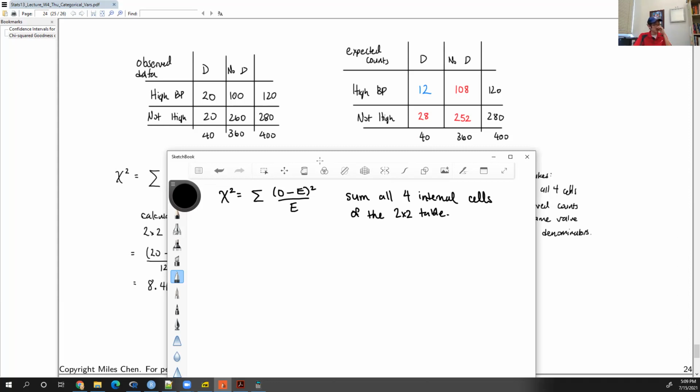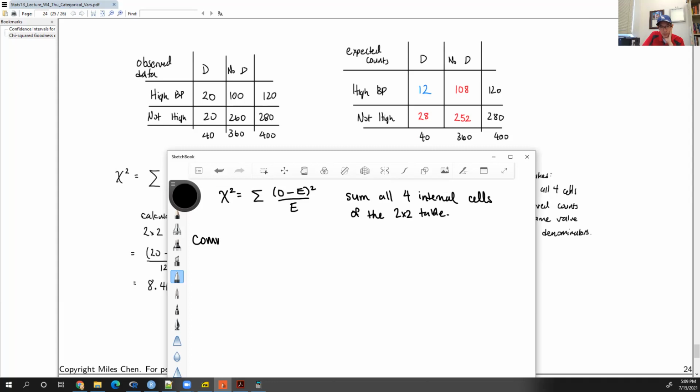Now, a common mistake, which I see frequently on people's quizzes, is that students will not do all 4 cells. They will maybe just do the 2 in the top row, and then they'll stop.